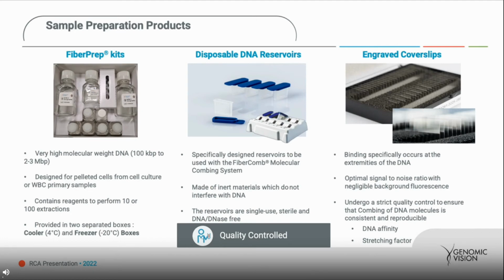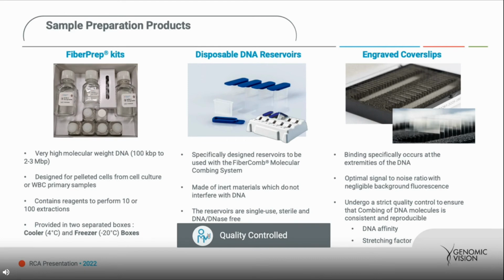For example, the fiber prep kit 10 is shipped at 4 degrees, and for the fiber prep kit 100, there will be 1 part shipped with dry ice, which will then need to be stored at -20, and the other part at 4 degrees. Then for the DNA combing step, you will need to use single-use disposable reservoirs that fit the FiberComb molecular combing systems.